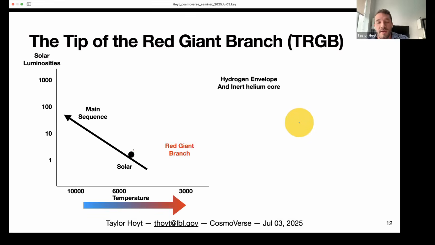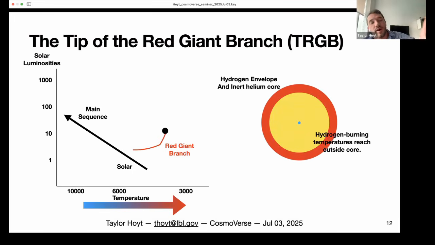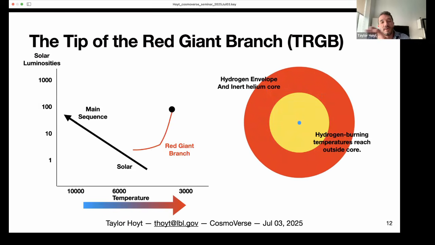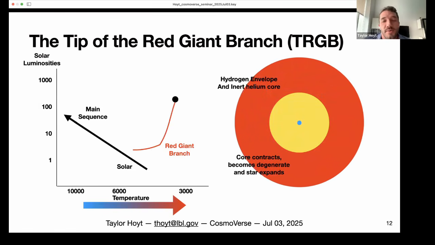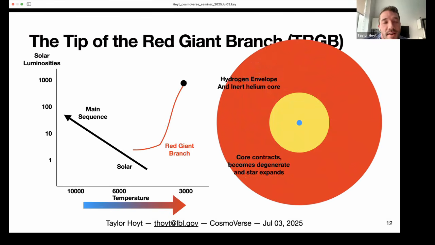So here I show on the left the quintessential astronomer's plot that you will get sick of seeing by the end of this talk, with the luminosity plotted on the y-axis and the temperature on the x-axis, where cooler stars are towards the right. So what we see here is our red giant star evolving off of the main sequence.